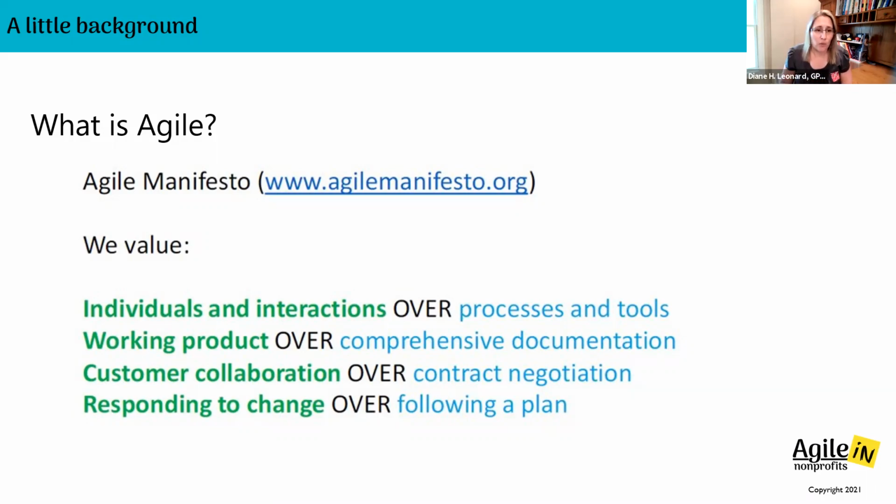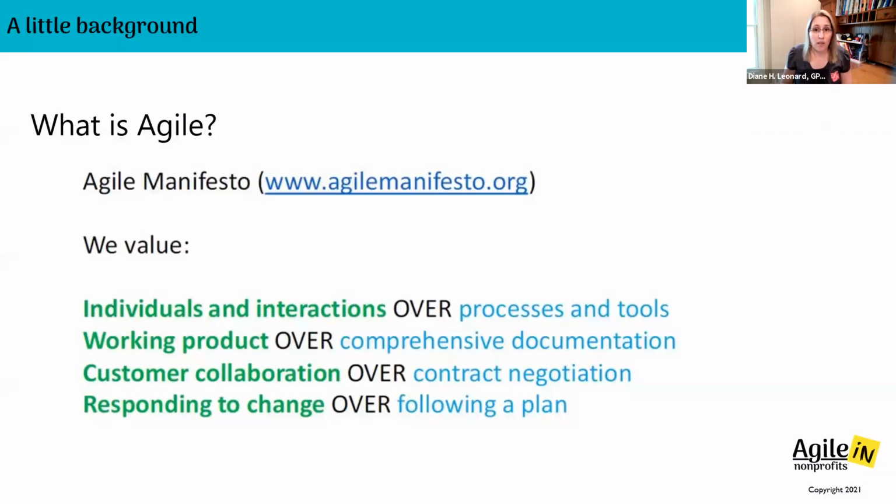The 4 values that you can see on the screen, the point of them is what is in green on the left is what we value more as teams than what is in blue on the right. It doesn't mean that we stop doing or we discount or delete the things that are in blue, but we value those that are in green more.